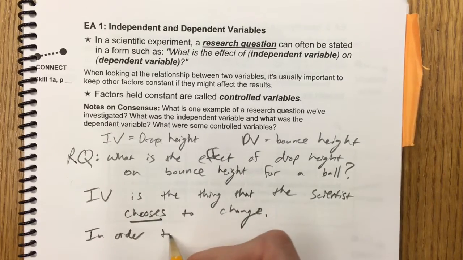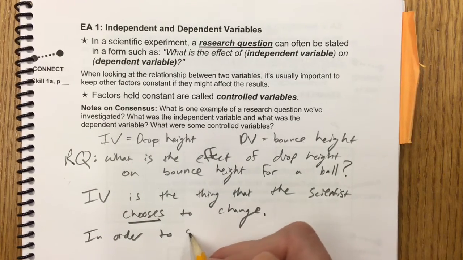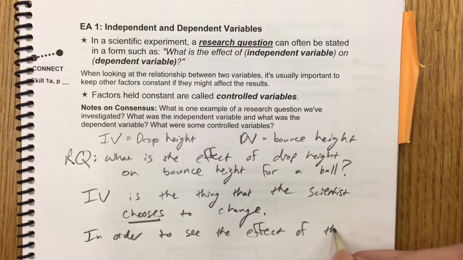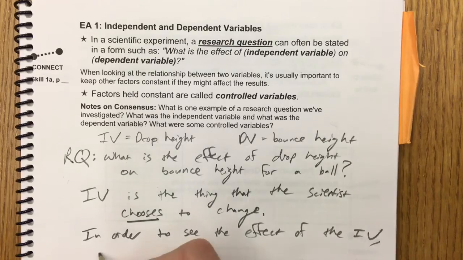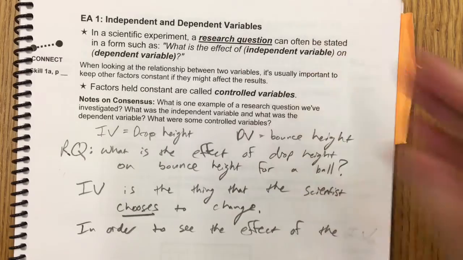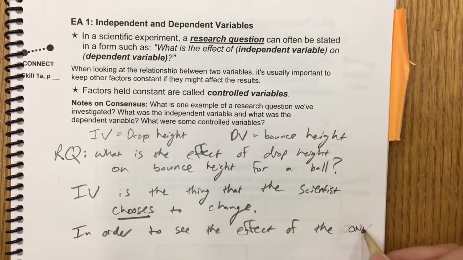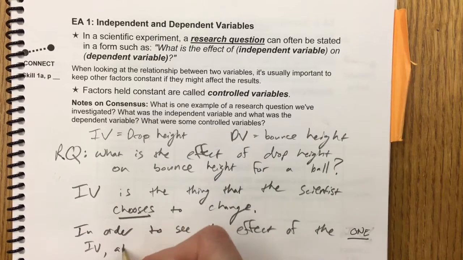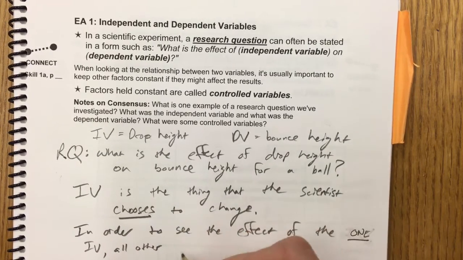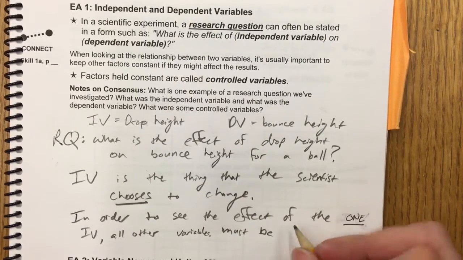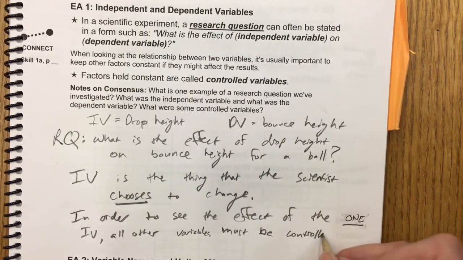In order to see the effect of the independent variable, I'm gonna say, in order to see the effect of the one independent variable, all other variables must be controlled.